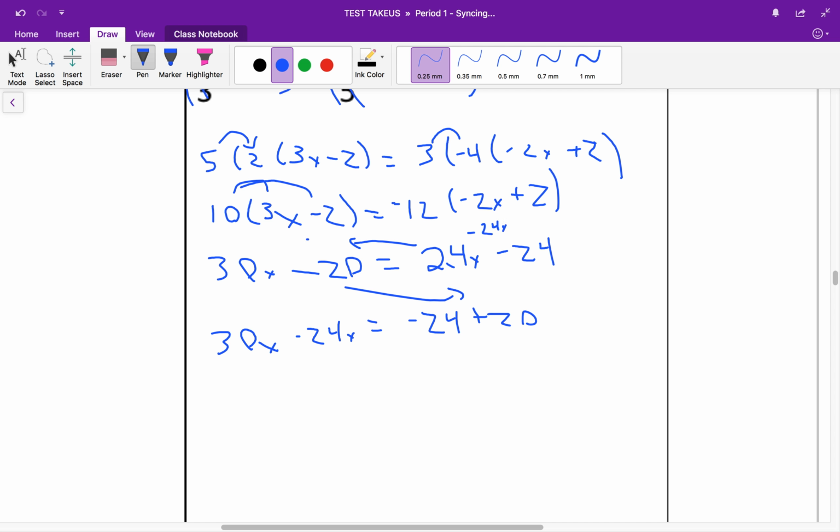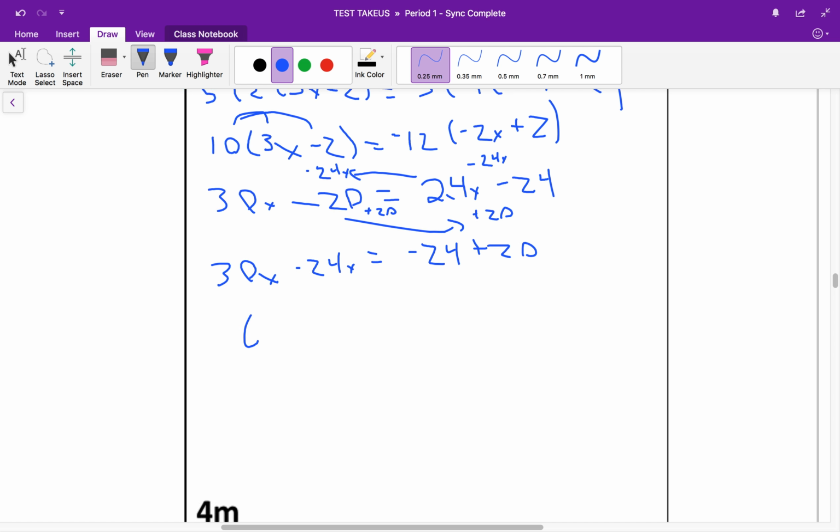What I do to one side, I have to do to the other side. Plus 20, plus 20. That's going to leave me with 6x equals negative 4. Divide by 6. I get x equals negative 4 over 6.